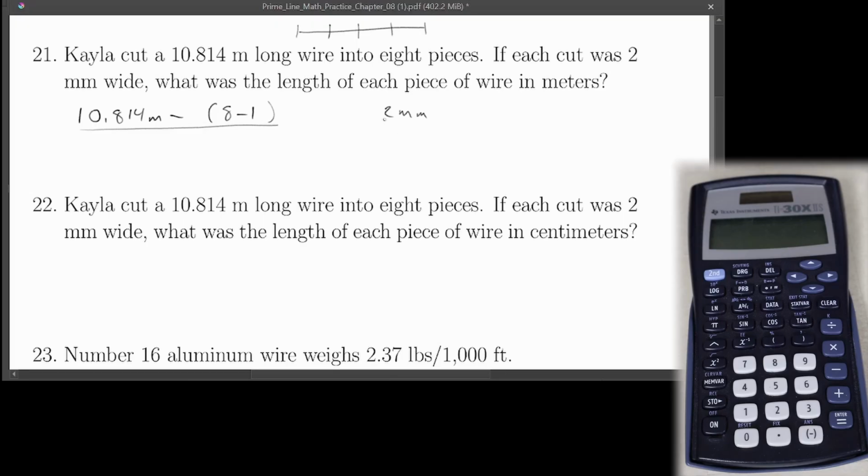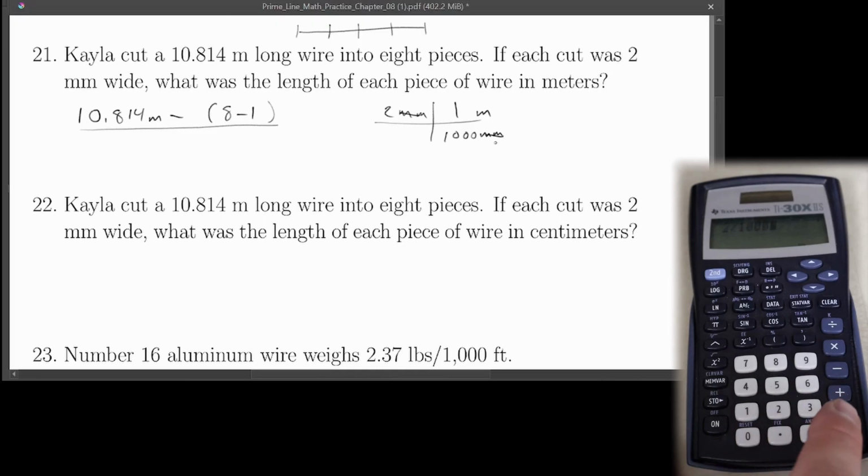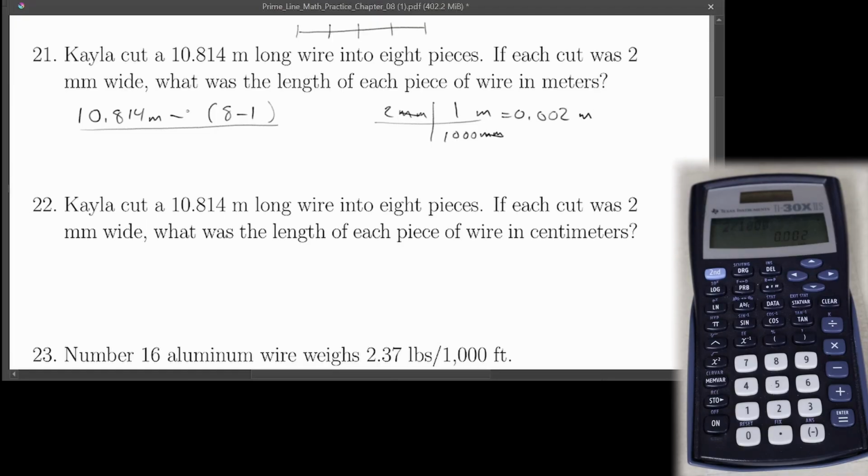We know that there are 1,000 millimeters in 1 meter. If we cancel those out, that gets us a value of 2 divided by 1,000, and so we get 0.002 meters. And we're going to divide that whole thing by 8 to get our individual piece size.